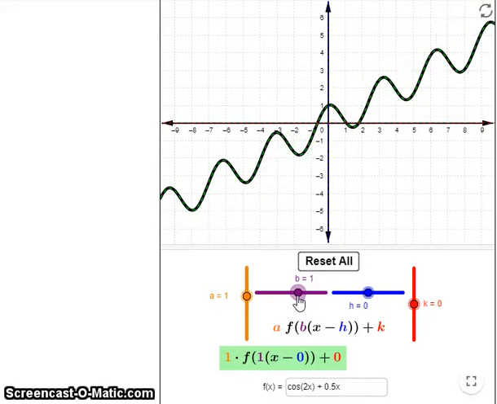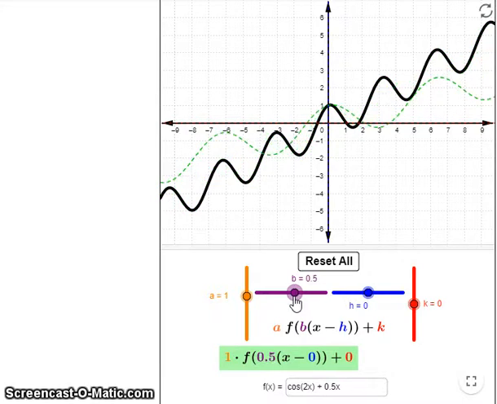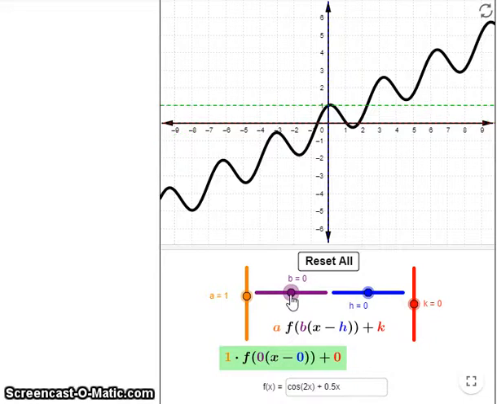Now contrast that to b equals 1, where the graph is the same as what I started with. If I start using numbers less than 1 but greater than 0, I'm actually stretching the graph out. And when b is equal to 0, I just get a horizontal line at whatever my y-intercept is. And I'll talk about the reason for that in just a second.